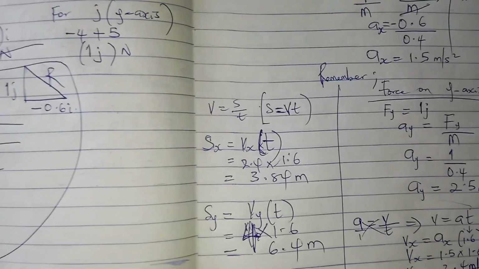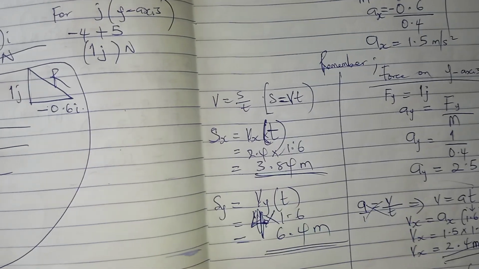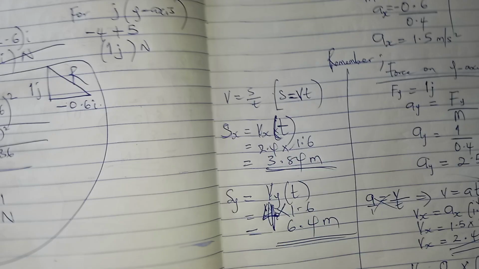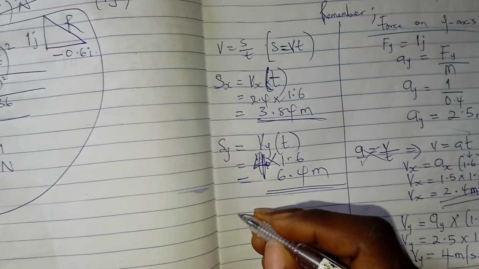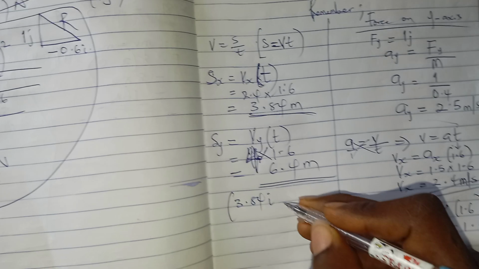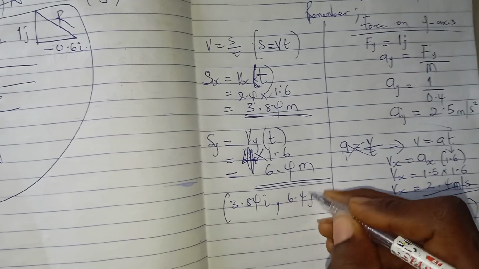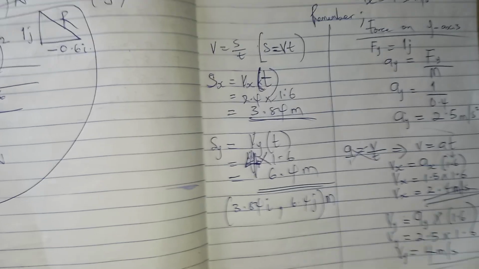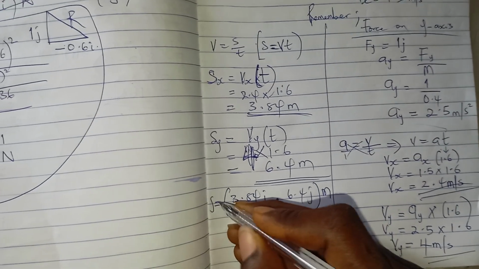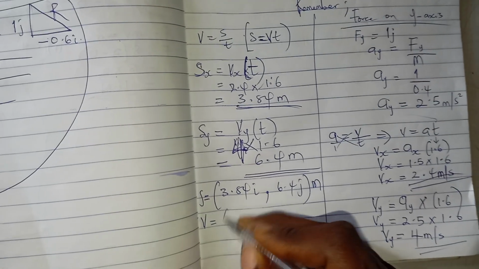Okay, so this is our answer for the position. The position is going to be simply 3.84 i, 6.4 j meters. Then for the velocity, S is the displacement. Then the velocity V is the same thing as saying 2.4 i, 4 j meters per second.